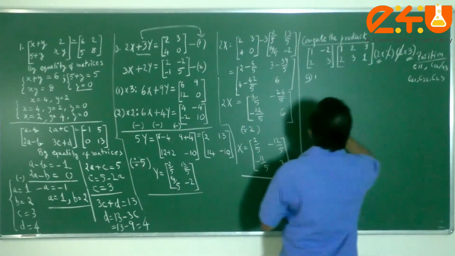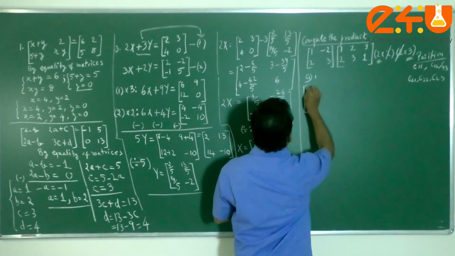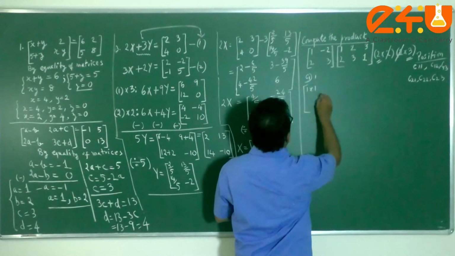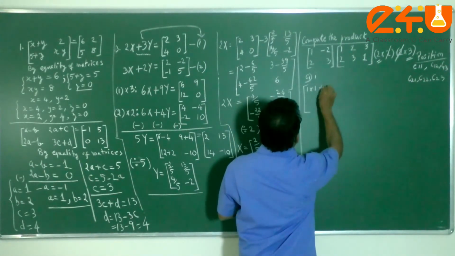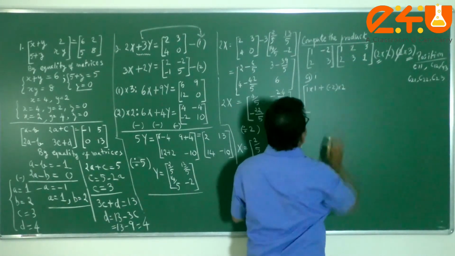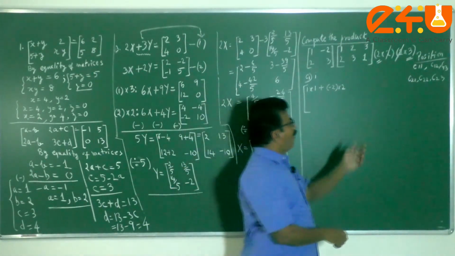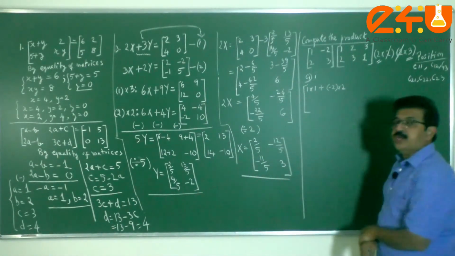So when I fill C11, I have to be very clear. Multiply 1 with 1, negative 2 with 2. Once this is done, you can move on to C12.